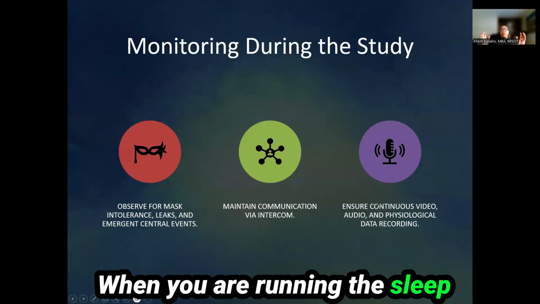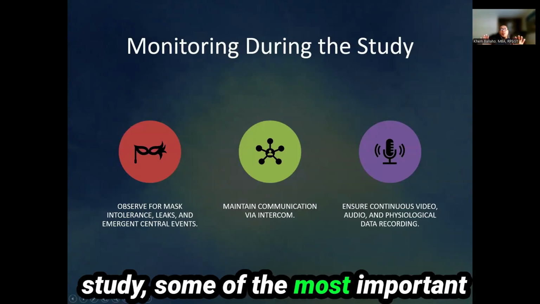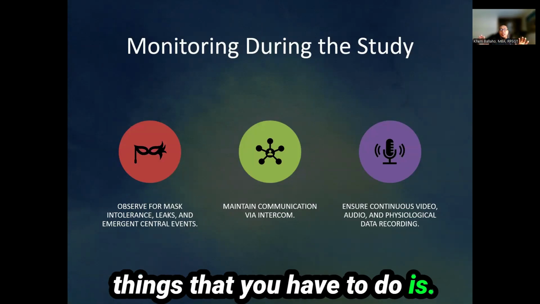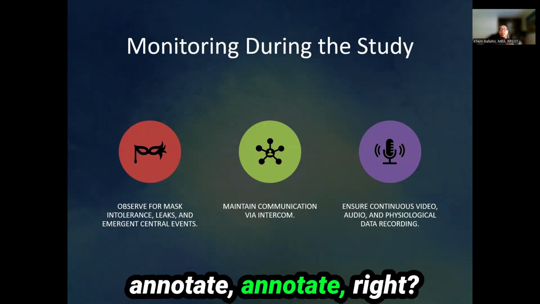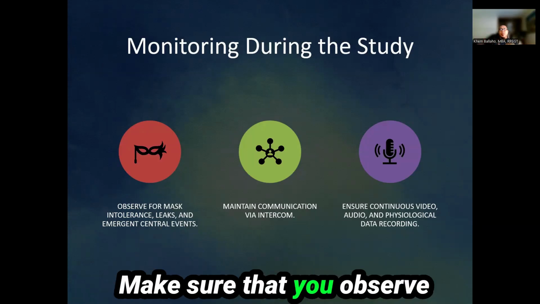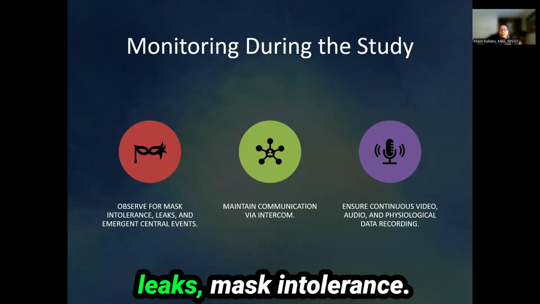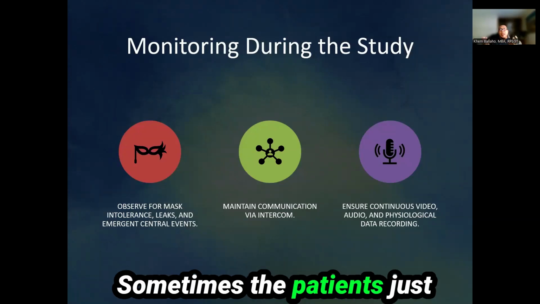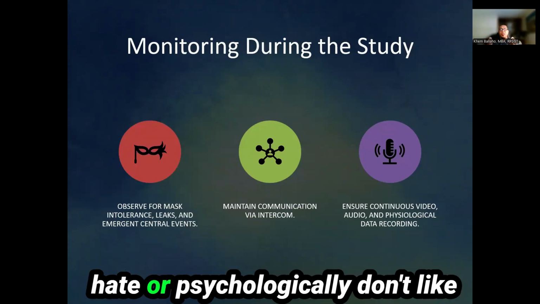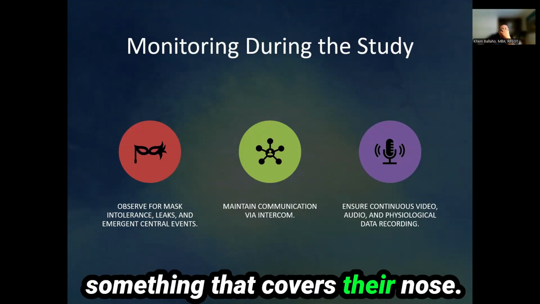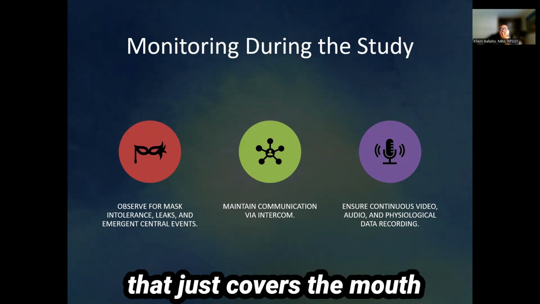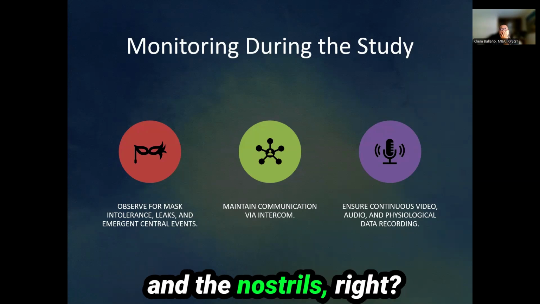All right, getting there. Monitoring through the sleep study. When you are running the sleep study, some of the most important things that you have to do is, of course, annotate, right? Make sure that you observe for mask intolerance or leaks. Mask intolerance, sometimes the patients just hate or psychologically don't like something that covers their nose. So now we have masks that just cover the mouth and the nostrils, right?